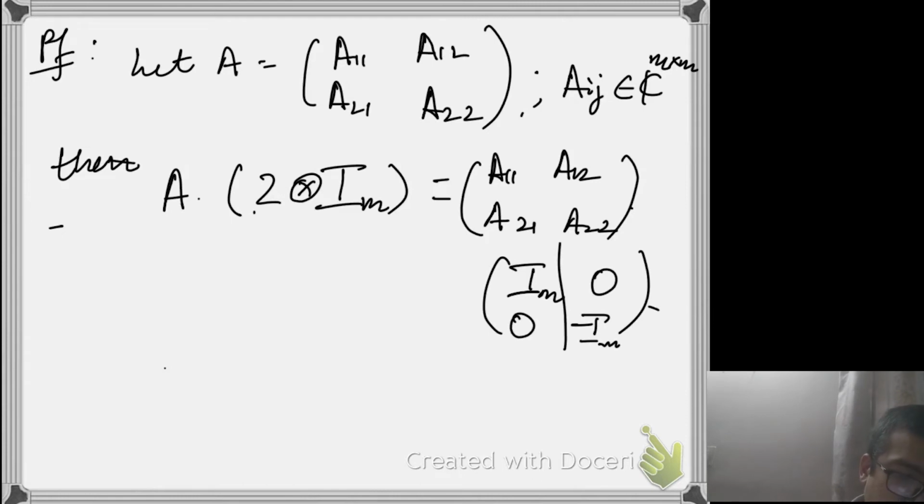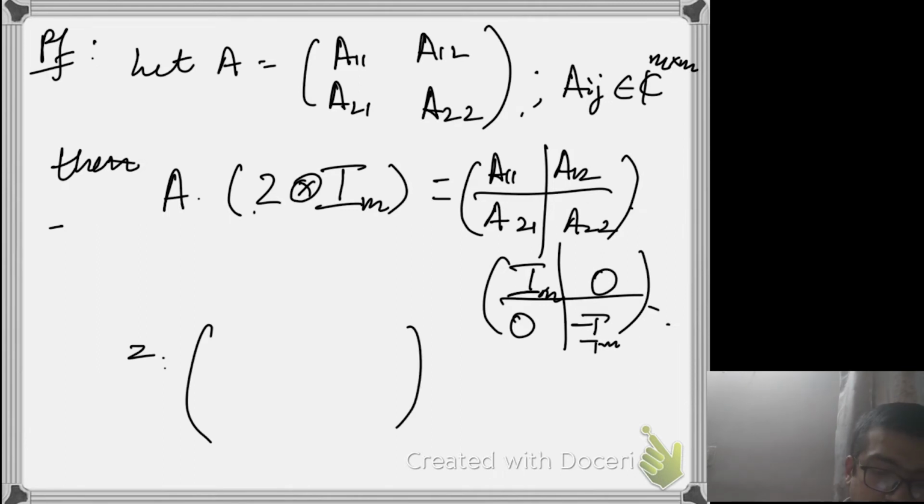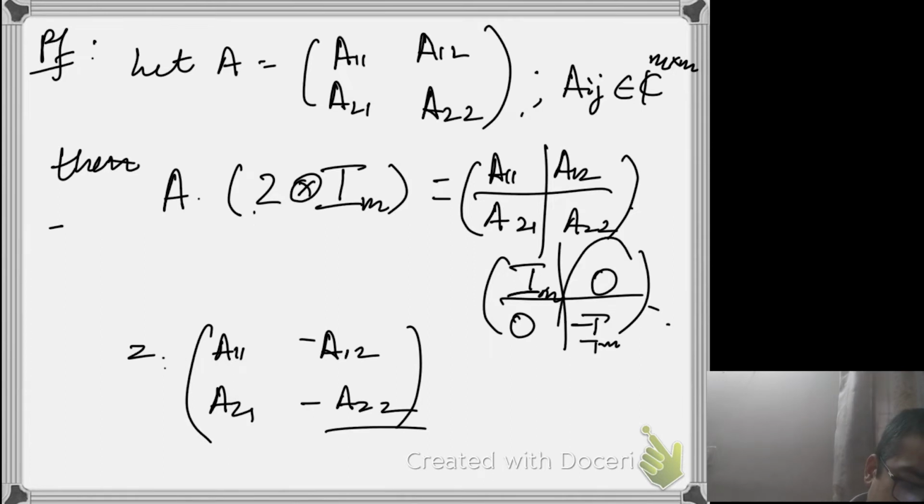Okay, so I have broken it as 4 m cross m matrices, and now when I am going to multiply this thing, these are also m cross m, so I can perform block multiplication, and then I am going to get A11, minus A12, A21, minus A22, right? Because when the second column multiplies by minus I, there will be a minus I on this column.